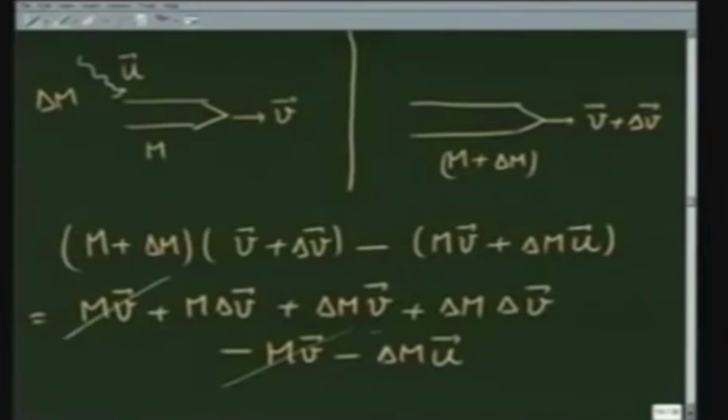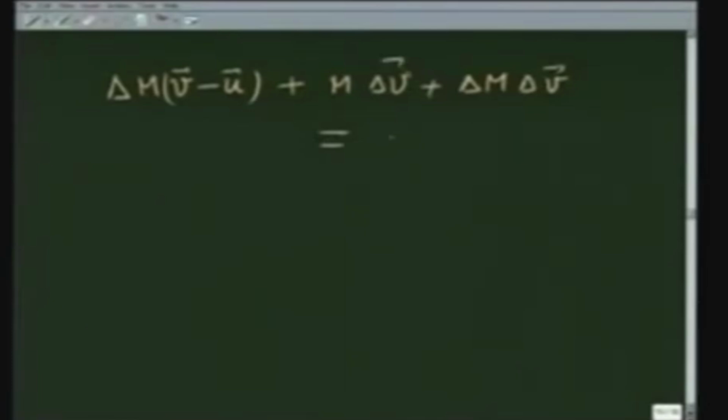I combine these two so that I get the net momentum change to be delta m times v minus u, plus m delta v, plus delta m delta v, and this must be equal to F external delta t, a vector.